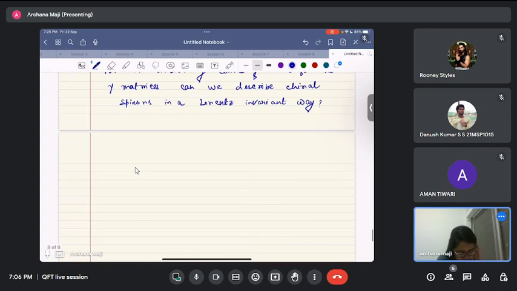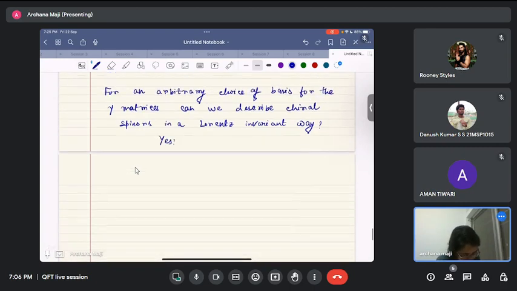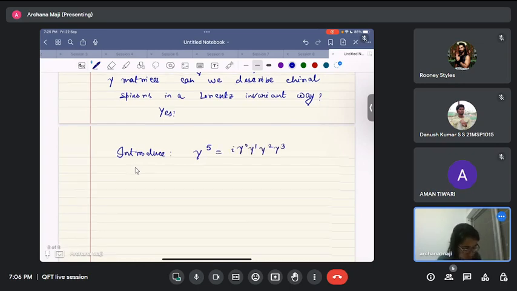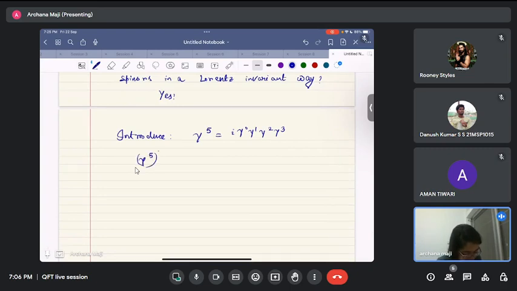So the answer is yes, of course. And for that, let's introduce this gamma 5 matrix, which is i times gamma 0, gamma 1, gamma 2, gamma 3, which satisfies these properties: gamma 5 squared is identity, gamma 5 anti-commutes with all the gamma^mu matrices, and gamma 5 dagger is gamma 5.